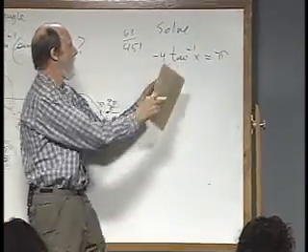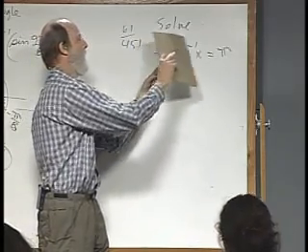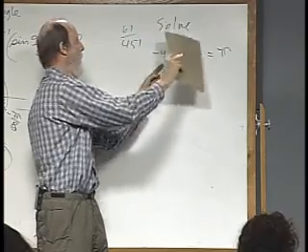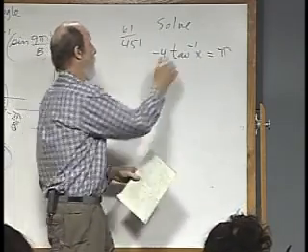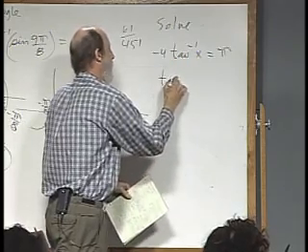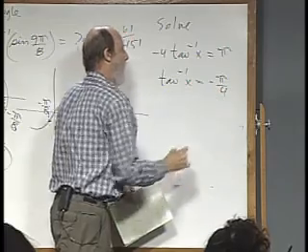See, the result here, folks, look at this for a second. This thing has to be an angle. This mess here has to be an angle. So we need to solve this. So the inverse tangent of x is equal to -π/4.